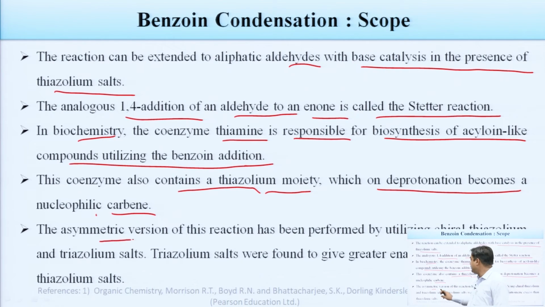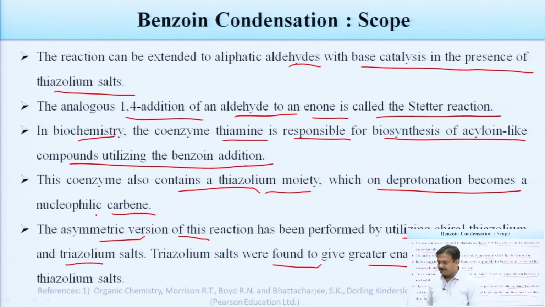The asymmetric version of this reaction has been performed by utilizing chiral thiazolium and triazolium salts. Triazolium salts were found to give greater enantiomeric excess than thiazolium salts. This is again a very important point, because in medicinal chemistry we need pure compounds, meaning enantiomerically pure compounds, because two different enantiomers can have two different pharmacological activities.